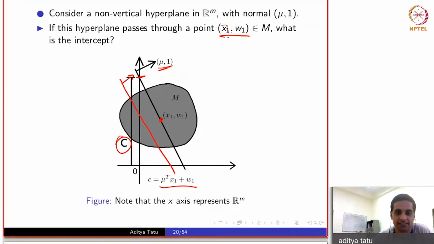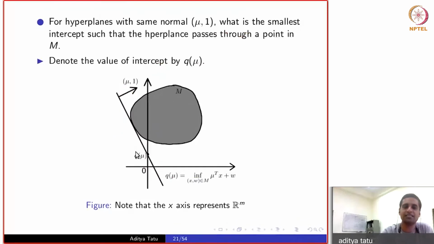If I shift this in this direction, you can clearly see this value will come down. What is the least I can get? That is graphically represented here. Since it's a function of the normal, and I'm not changing the normal vector mu, I can represent that function as q(mu). That is my q(mu). And I can write this q(mu) as the infimum over all (x, w) in my set M of mu transpose x plus w.